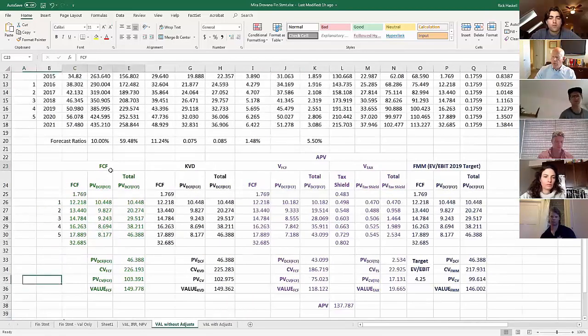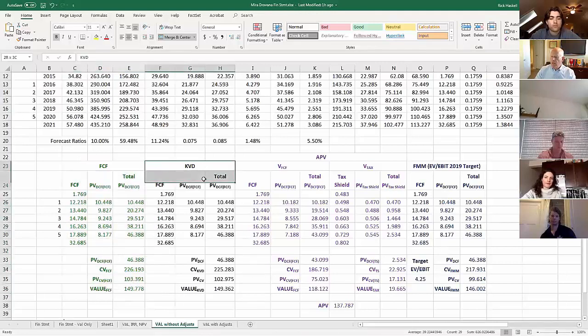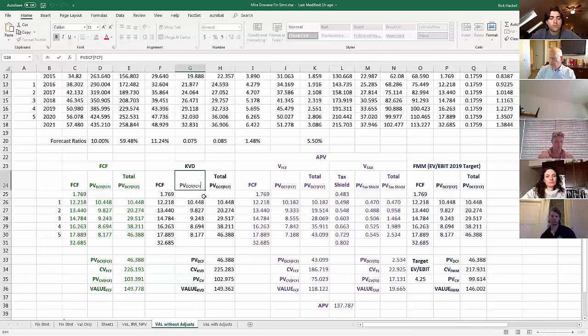I've got our basic free cash flow model construction, exactly as you would expect to find it. That gives us a value of 149 and change. And I've got our KVD that similarly gives us a value of about 149 and some change. Oh, they're a little bit different, but then we already understand why they're a little bit different.